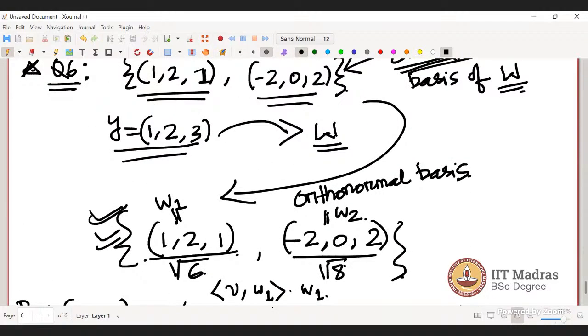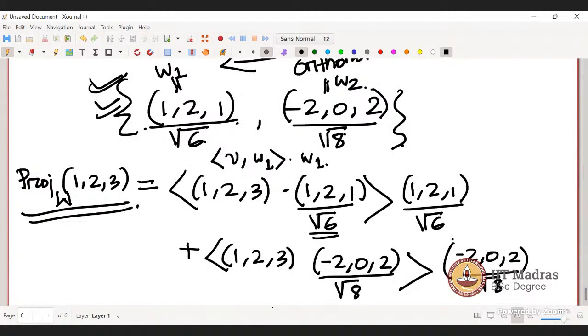Once you have an orthonormal basis, then you do some computation to get your projection vector. This part is clear, right? How we are getting this projection. Any doubt from this part?